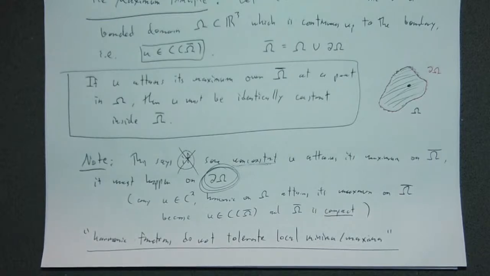The options are your global max and global mins can happen at critical points in the interior of the region, or they can happen on the boundary. So you have some options.